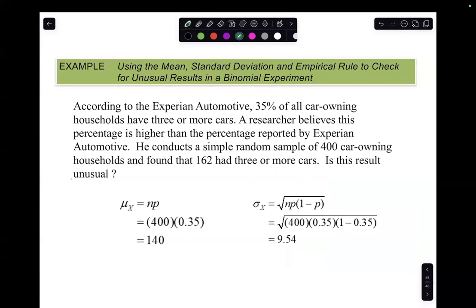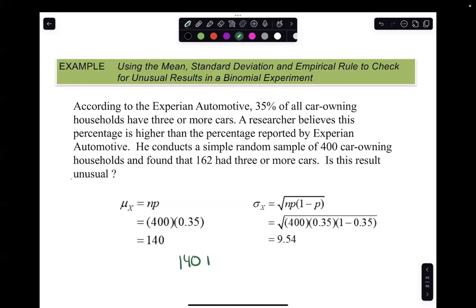You can do binomial, you can use the binom PDF to see if that would be unusual. Or you could determine if it's more than 2 standard deviations away from the mean. Now, since I have the mean and the standard deviation right here, I'm just going to use the 2 standard deviation rule. So let's take a look.